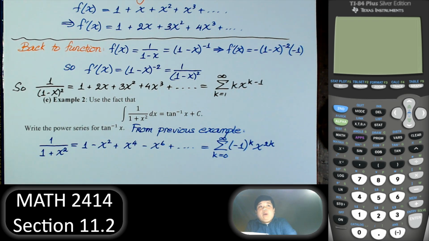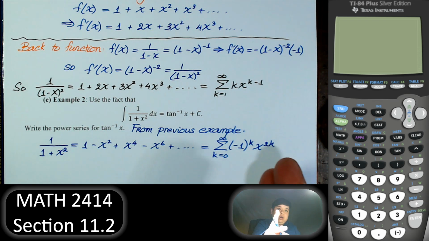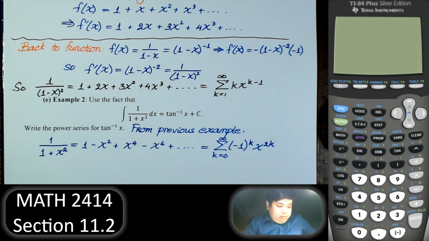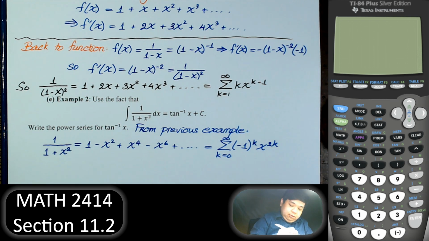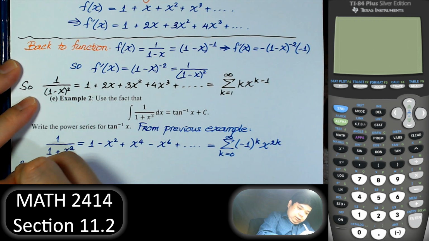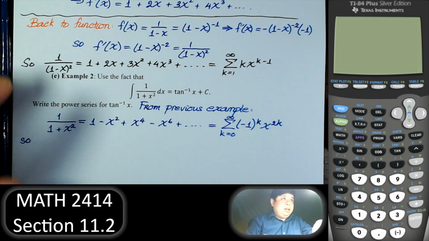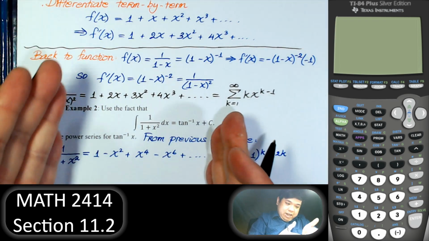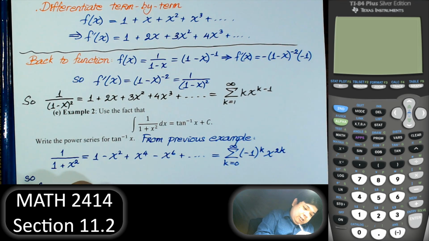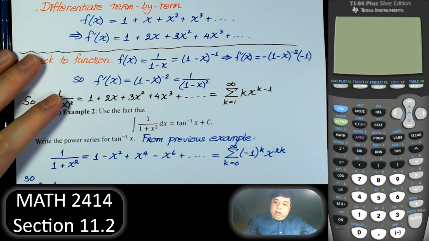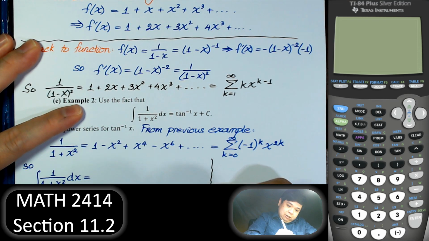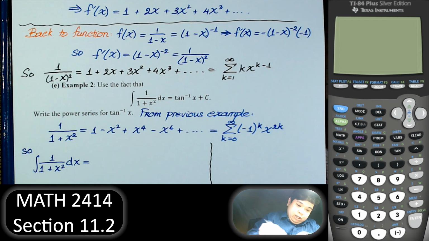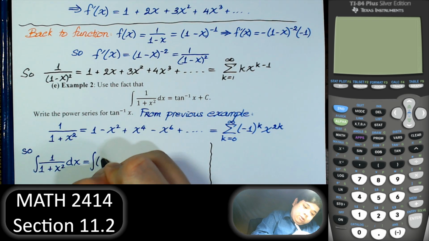Right, now we just integrate term by term, or we can integrate the whole summation form. Now actually I can write like this term by term, or I'm just going to integrate all of them. Now I'm just going to integrate the whole series here.